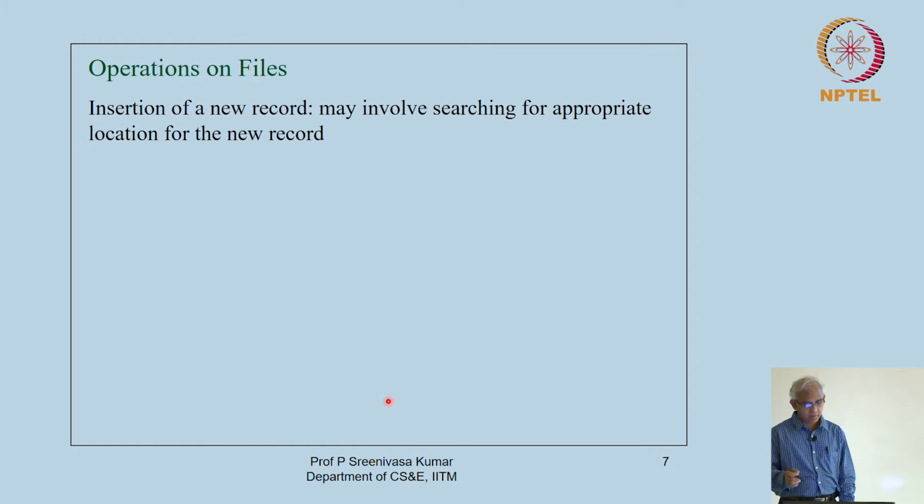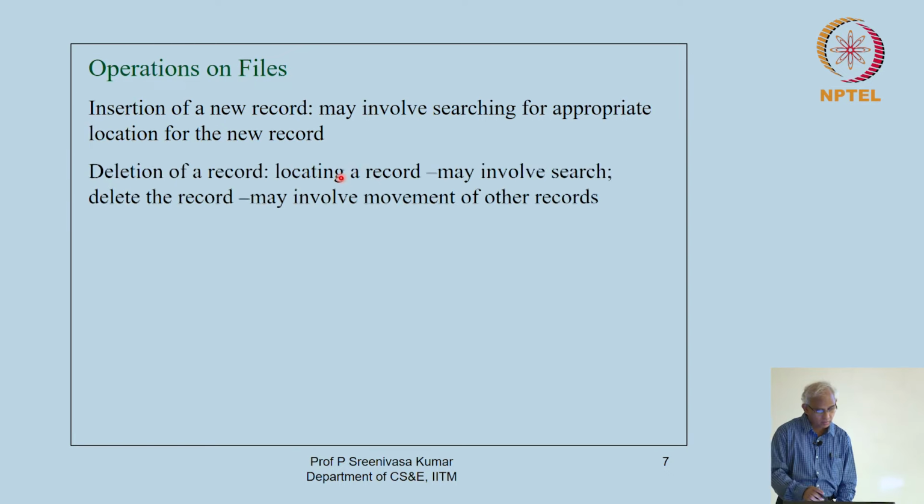Depending on how the particular file is organized, which we are going to discuss in a short while, this may involve finding the appropriate location where this new record has to go into the file. So this will become clear when we discuss file organizations, how files are organized.